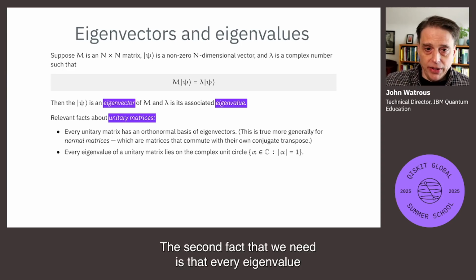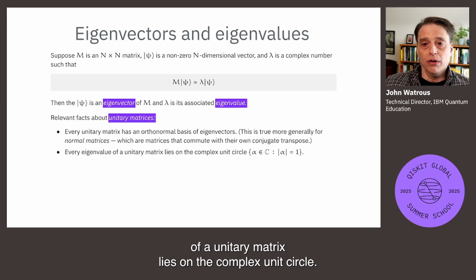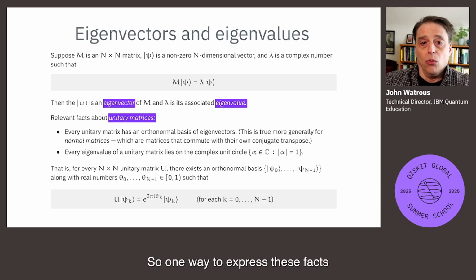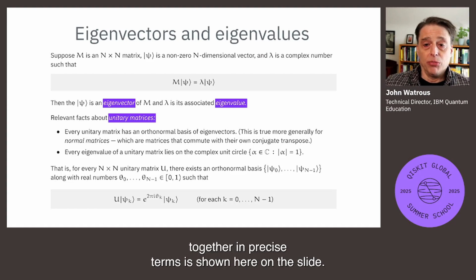The second fact that we need is that every eigenvalue of a unitary matrix lies on the complex unit circle. So one way to express these facts together in precise terms is shown here on the slide.